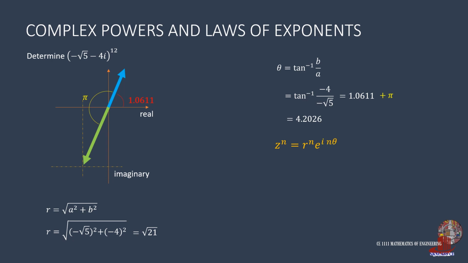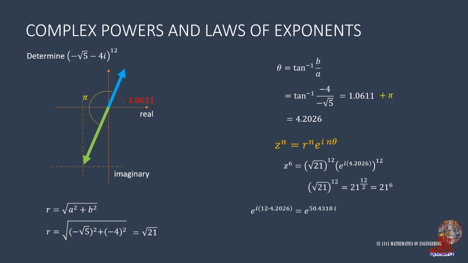Place the modulus and theta in the format, and get z raised to 12 as the root of 21 raised to 12 times e raised to i times 4.2026 raised to 12. The root of 21 raised to 12 is like 21 raised to 12 halves, which is then taken as 21 raised to 6.